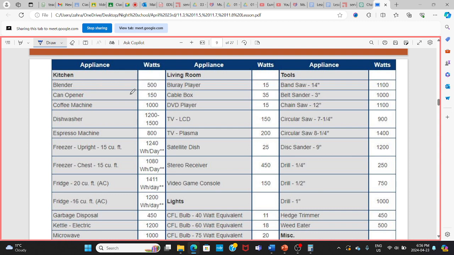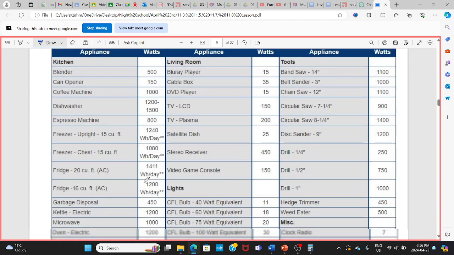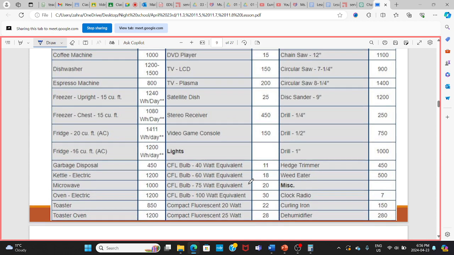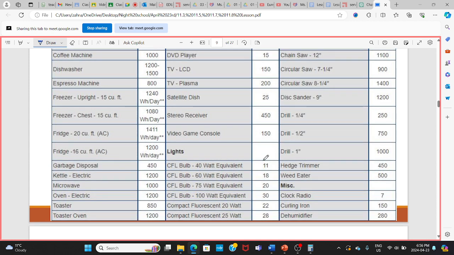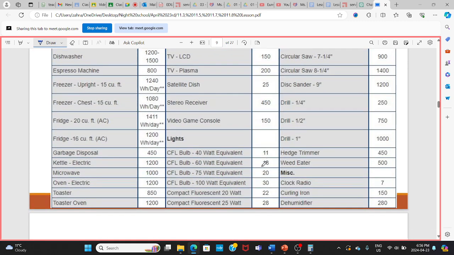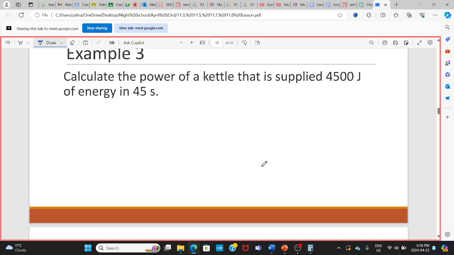A blender needs a lot of power, right? Like coffee machines, you can just look at the different numbers. These are the bulbs, different types of bulbs, all having different powers. You can compare them.